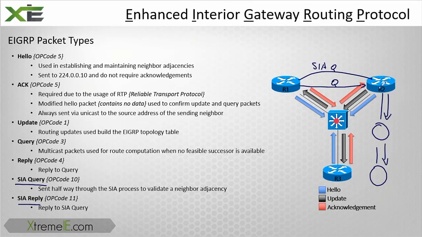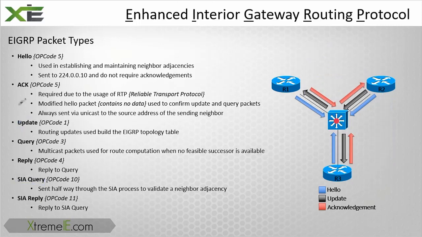But router 1 says to router 2, hey, listen, I'm going to send you an SIA query and say, you have not responded to my original query. Are we okay? Is everything okay between us? Router 2 will respond with an SIA reply, and he'll say, yes, listen, don't reset the adjacency between us. Don't kill this link. We are just fine. The problem is these yo-yos further down the link.